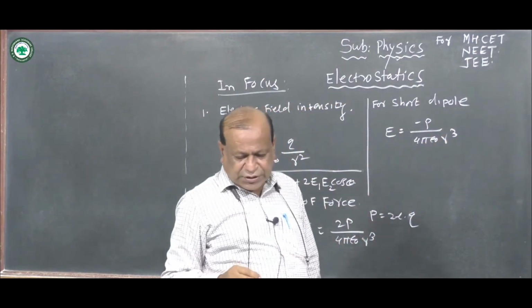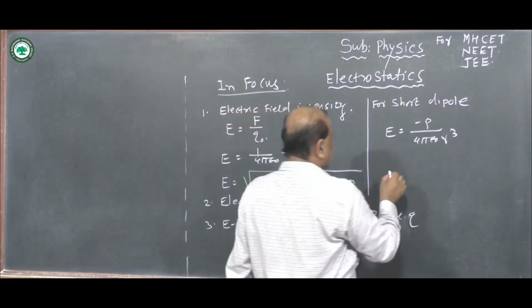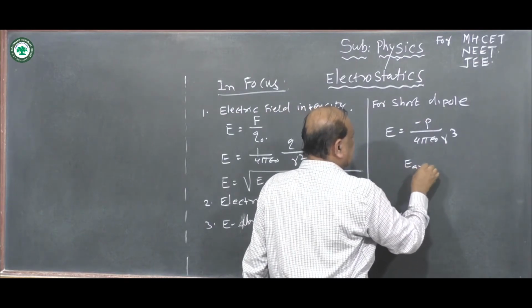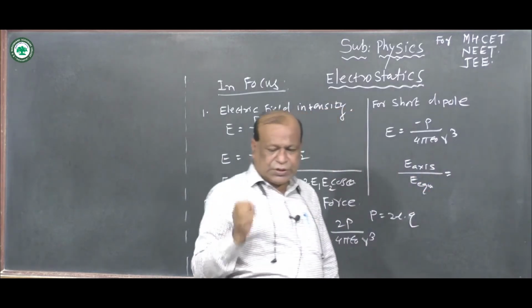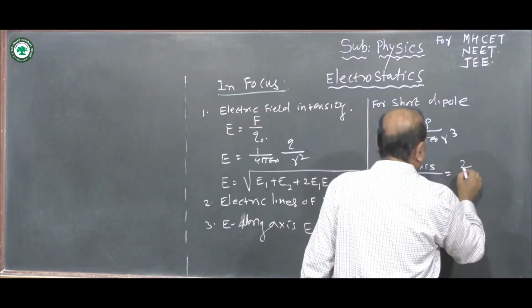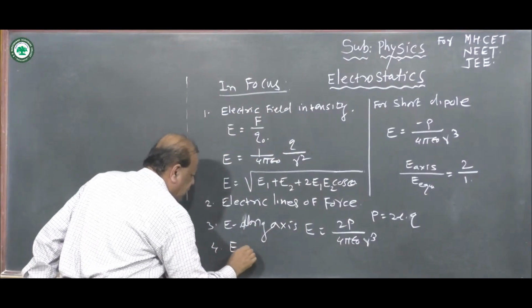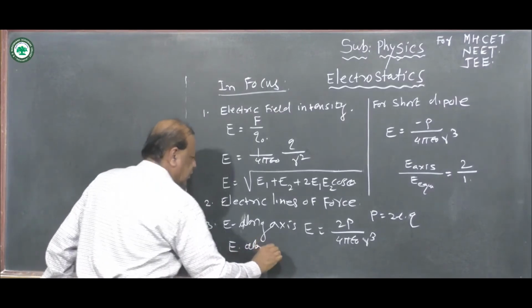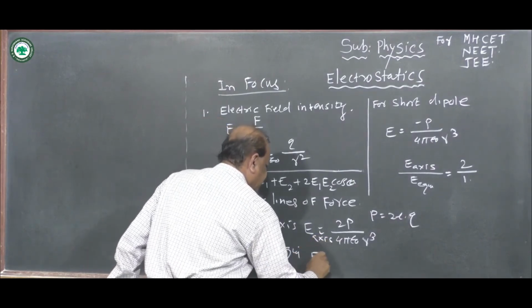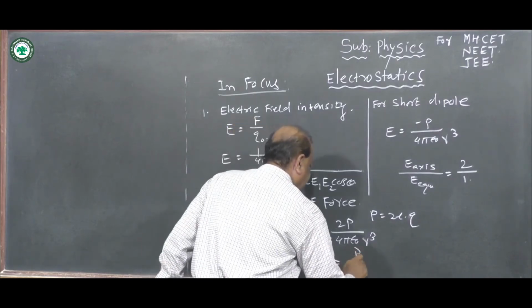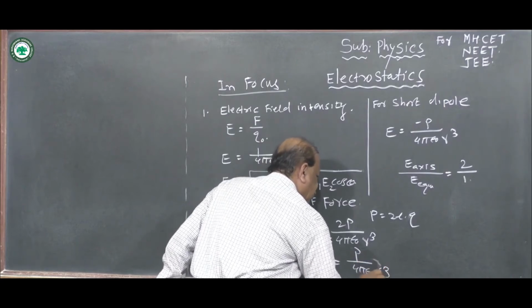For a short dipole, the ratio of E axis to E equator is 2 by 1. The E along the equatorial point is only p divided by 4 pi epsilon 0 r cube.